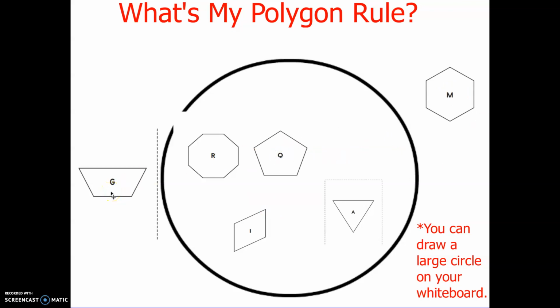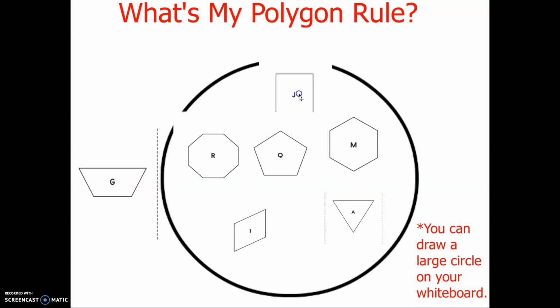But G can't. It doesn't fit my rule. Shape M can come join my party. But G can't. It doesn't fit my rule. Shape J can fit into my circle because it follows my polygon rule. But G doesn't. Why do you think?